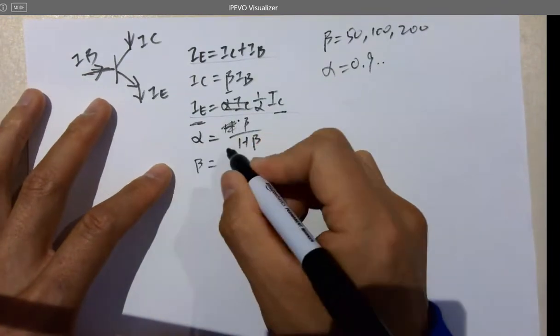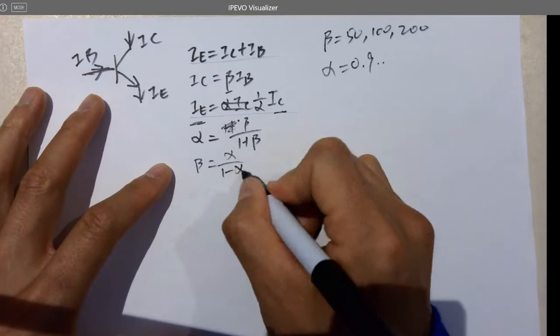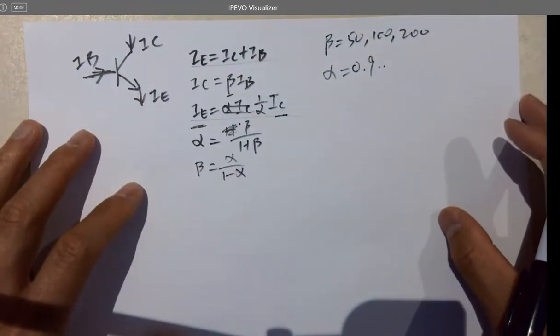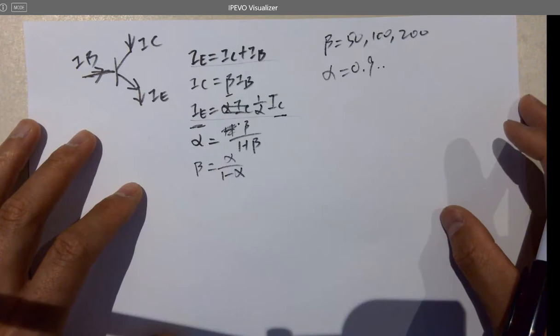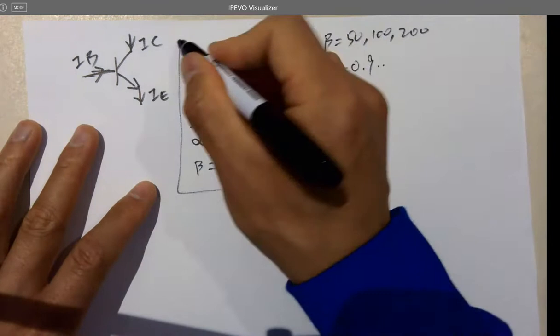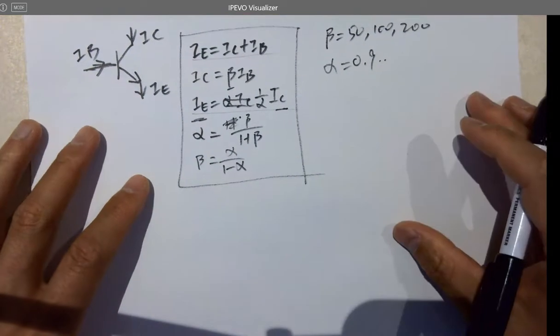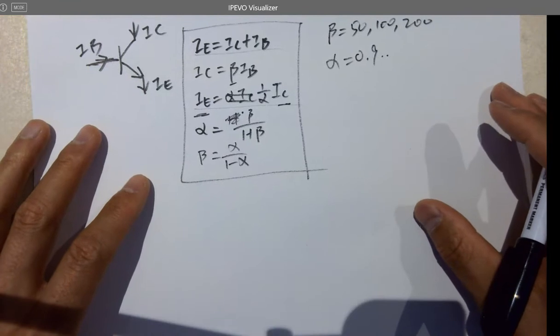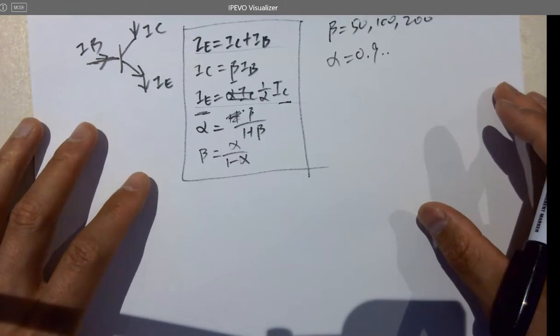Beta equals alpha over 1 minus alpha. Being familiar with these will make life way easier. All right, let's look at some examples.